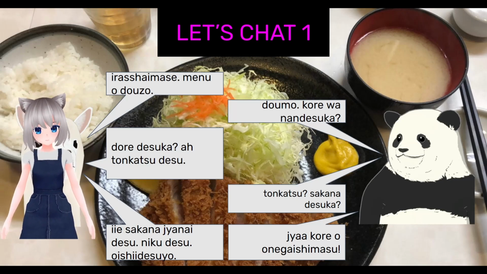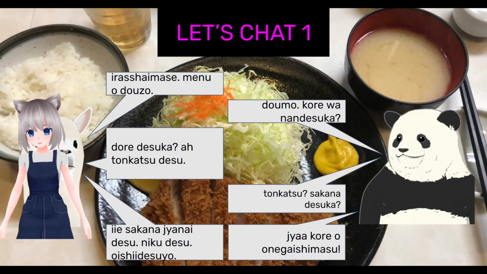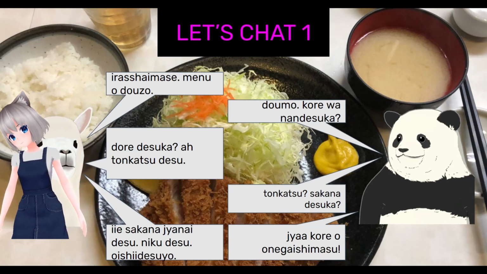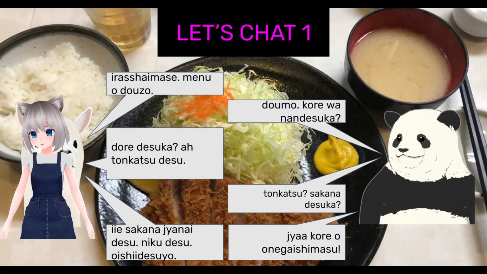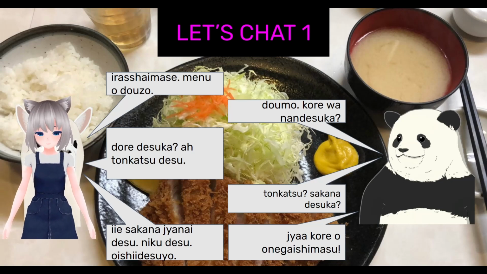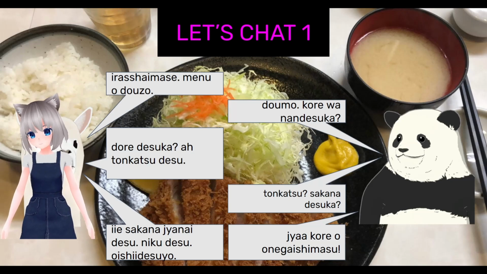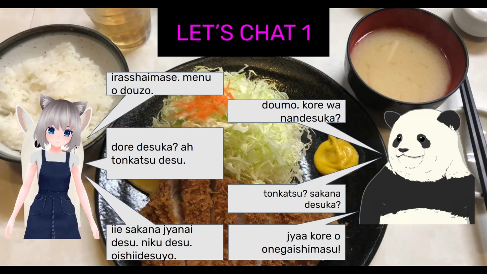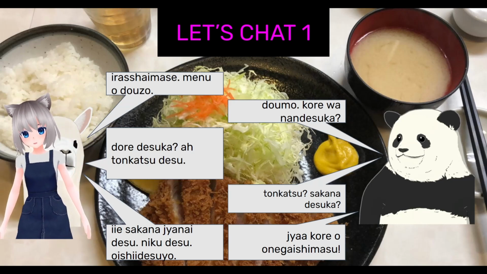So this is the conversation. I'm going to read Llama-san. Can you please read Panda-san? いらっしゃいませ。メニューをどうぞ。どれですか？ああ、とんかつです。いいえ、魚じゃないです。肉です。美味しいですよ。How did you go?